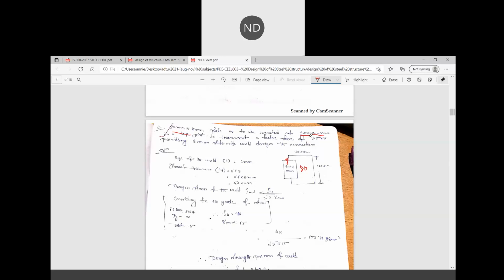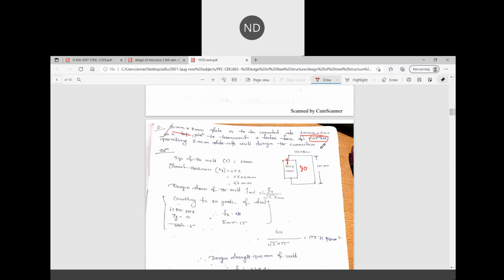Now, what is the load that is to be carried? I told you just a few minutes ago why we find out the strength of these welds. Suppose you are connecting these two plates, why do you need to calculate the design strength?